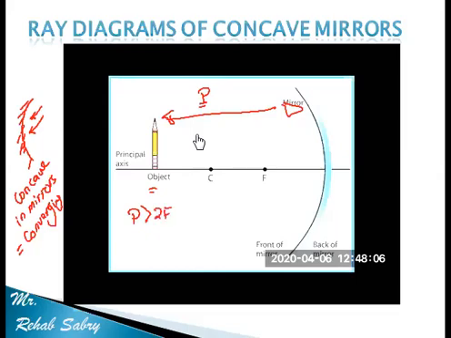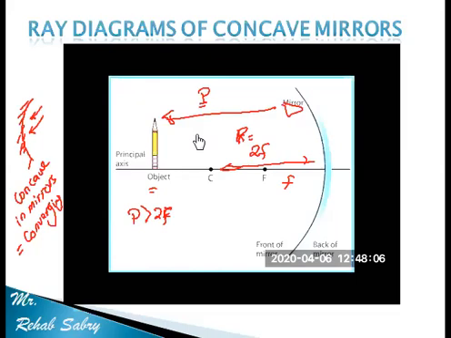2f. What does it mean, 2f? We said that this is f small. This distance is 2f small, or r, which is the center of curvature, the radius of curvature. We said that in the second period.